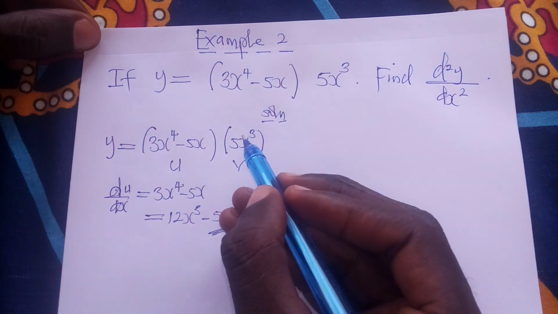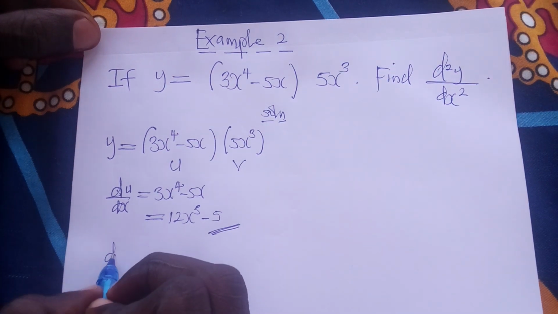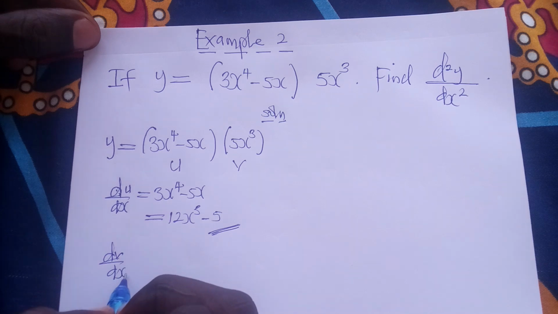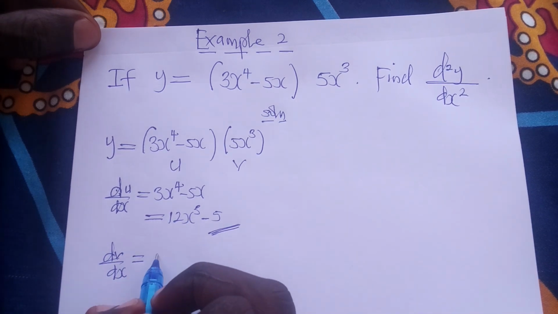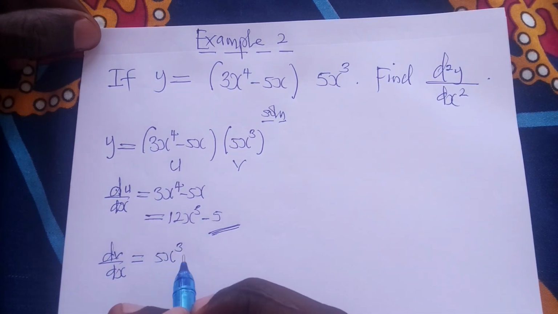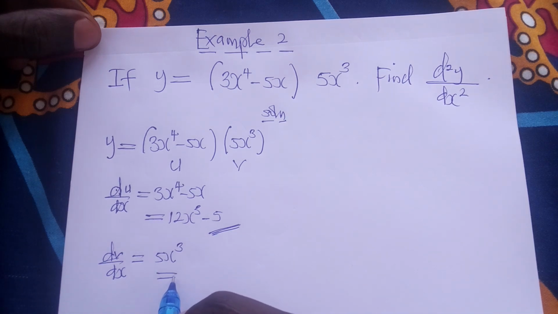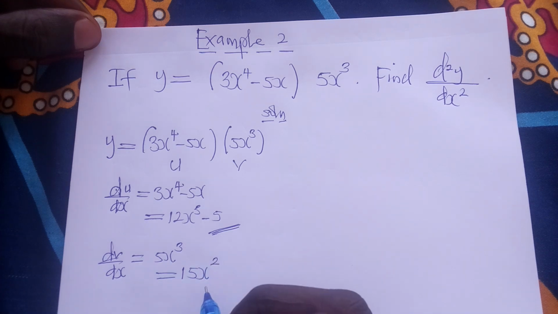Similarly, let's differentiate v also. Now see, dv upon dx is equal to, we want to differentiate 5x raised to the power 3. Differentiating this one becomes 5 times 3 giving you 15x raised to the power 2.